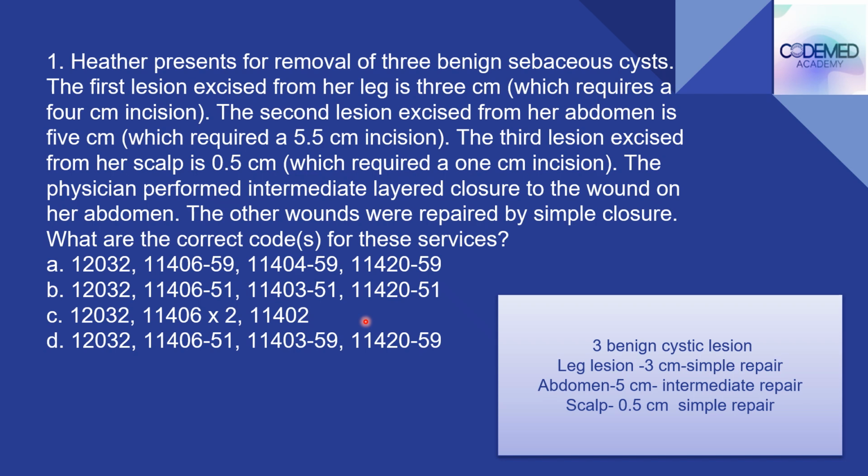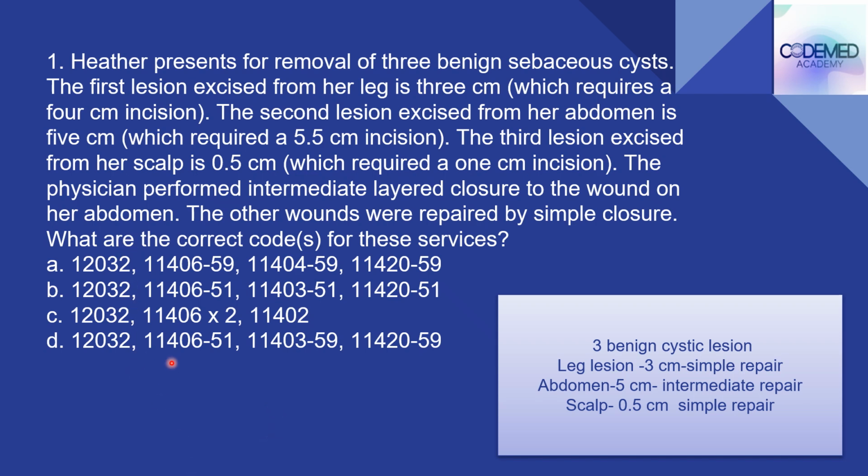So what has happened? There are 3 lesions at 3 different sites, and they are also closed by different repair methods. One is by intermediate and two are by simple repair. Now, whenever there is a multiple choice option, you have very little time, so be a smart thinker.